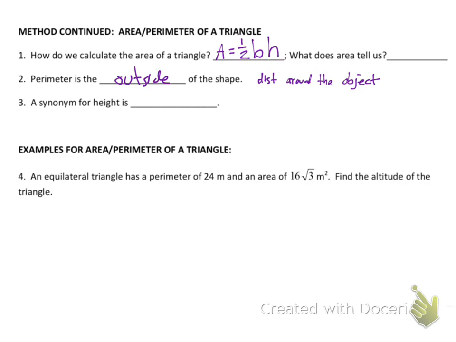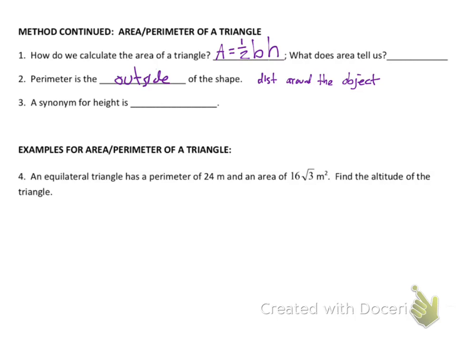I have a hard time saying this word. Synonym. Okay, a better word for me would be, another way to say height is what? Vertical distance.